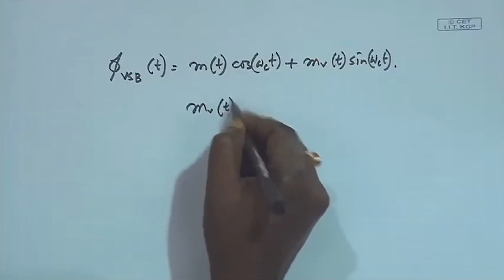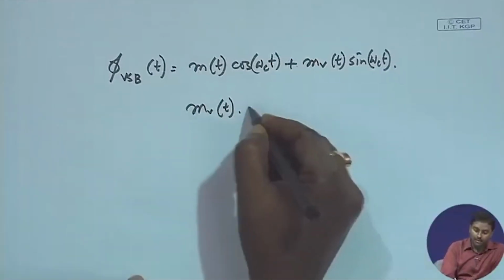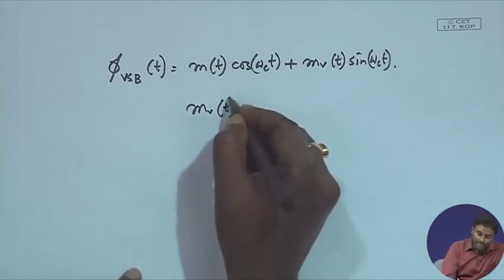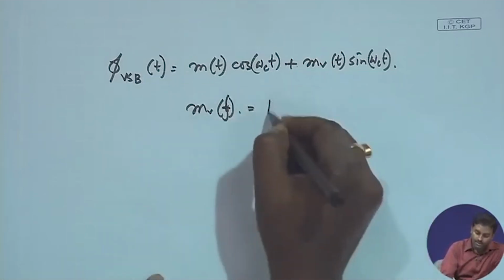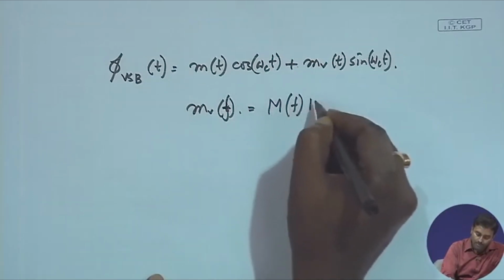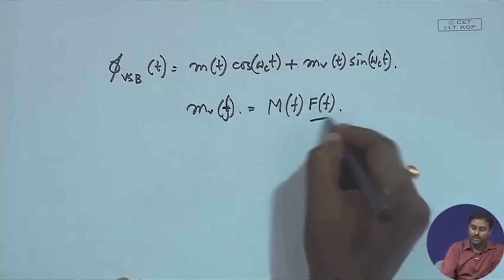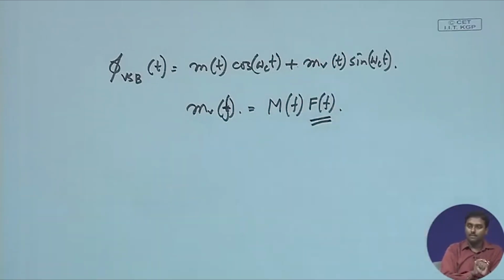So, we are assuming that there is a representation like this, where this mV(t) is nothing but my message signal passed through a filter, okay. Or I can write MV(f), this is actually my M(f) followed by a filter called F(f), okay. That is the filter transfer function, okay.